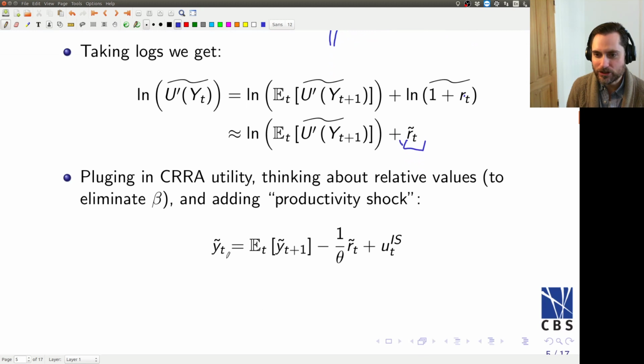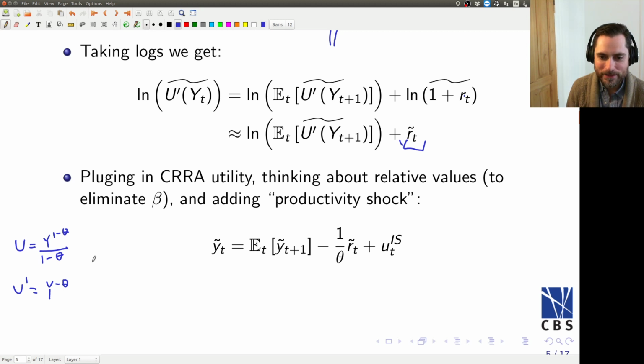One more thing, we need to plug in CRRA into these marginal utilities to figure out how we get to this expression down here. So you'll recall that CRRA utility looks like this. It would be y^(1-theta) divided by 1 minus theta. Okay, so then the marginal utility would be y to the power negative theta. All right, so far so good. Now let's think about this relative version.